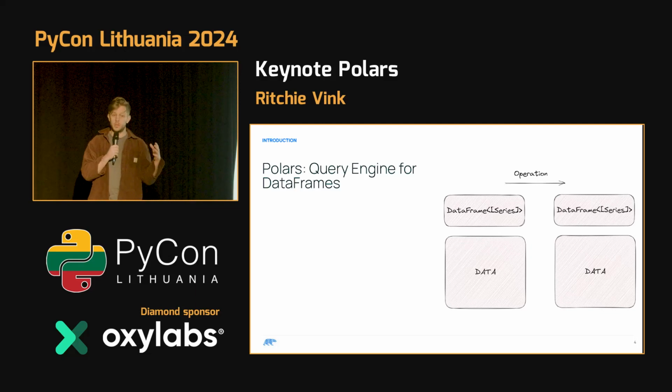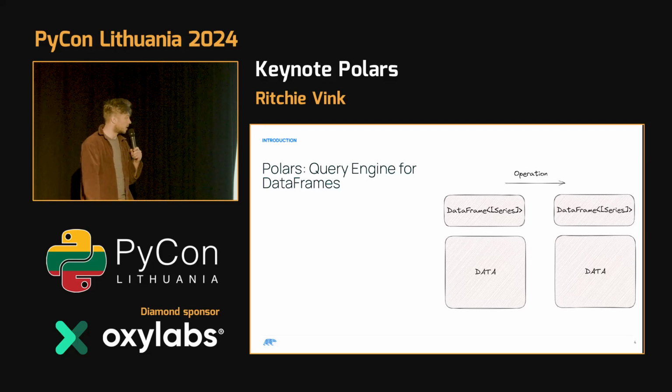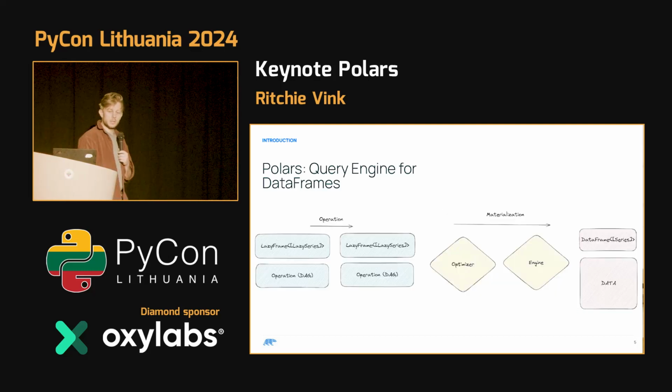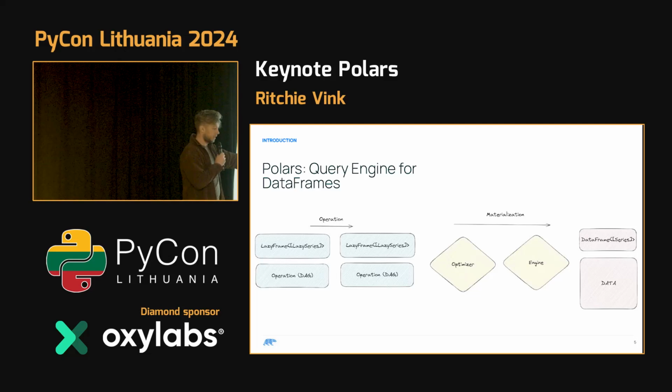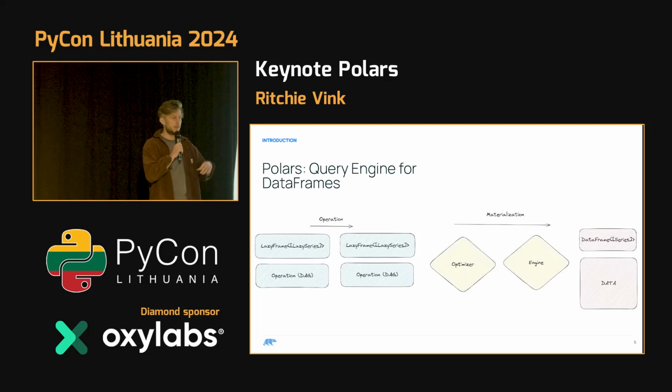But the goal of Polars was, and is, to change this concept of what data frames should be and what data frames are. There should be some steps in the middle. So Polars likes to think of data frames, we call it a lazy frame, as a DAG of operations. Does everybody know what a DAG is? Raise your hands.